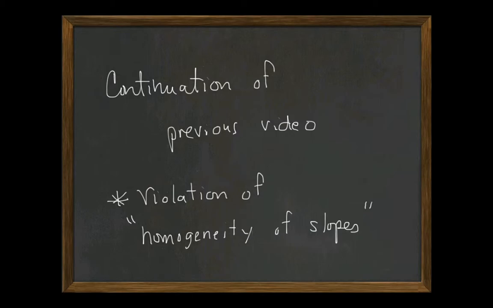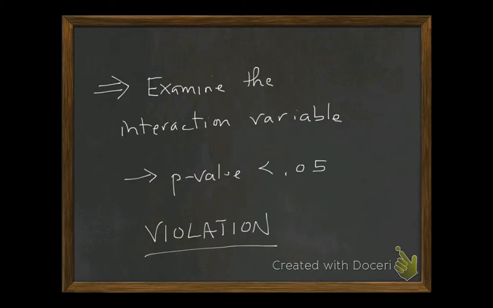Now, let me get my iPad going here. One way to take a look at this is to examine the interaction variable. Interaction variables are not included in ANCOVA. Interaction variables are when we have two categorical variables and we want to look at the marginal means across the subgroups of the two categories.